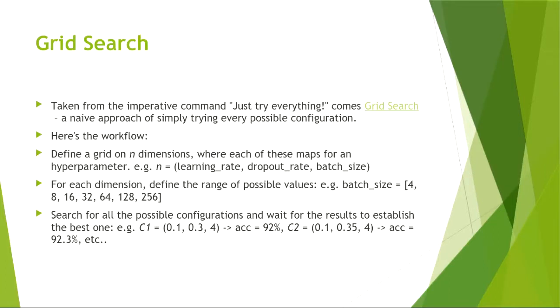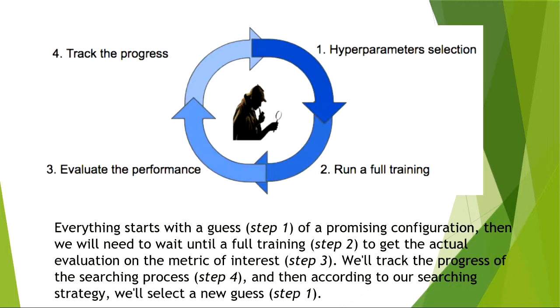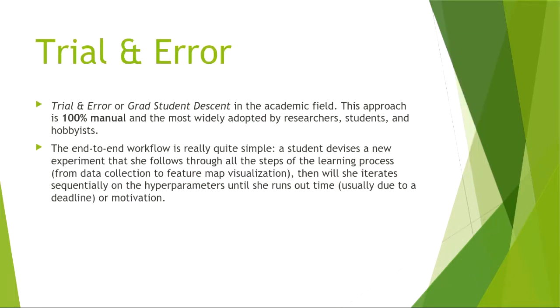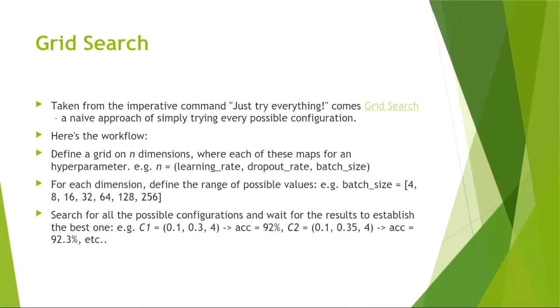I gave you the searching mechanism. This one was the searching strategy, how you search. When we apply a grid search, we search all the possible configurations and wait for the results to see which one is best.